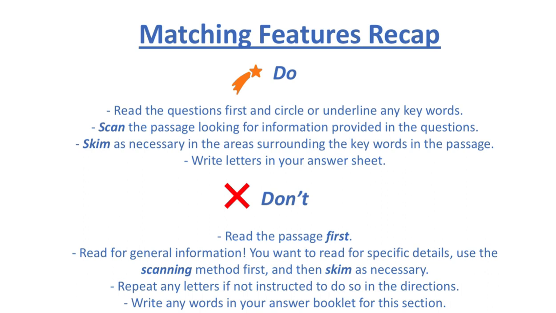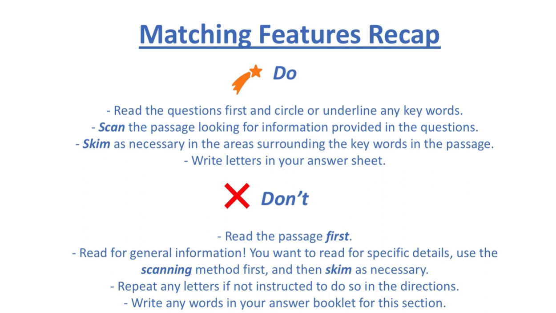Okay, now just to review everything we looked at in this matching features lesson, I'd like to go over some do's and don'ts for the exam. First off, you always want to read the questions first and circle or underline any keywords just like we did in step 1. Remember, read the questions first so you're not reading blindly during the exam. Second, make sure you scan the passage looking for the information provided in the questions.